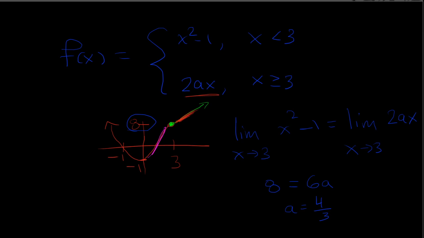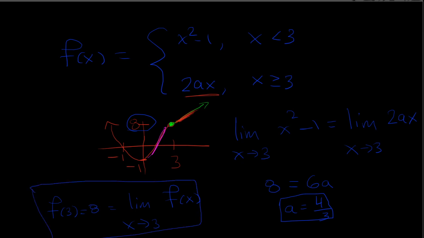So when a is equal to 4/3, my function now is continuous at x equals 3. So not only is f of 3 equal to 8, but it's also the limit as x approaches 3 of f of x. And because it satisfies this equality, it makes it continuous.